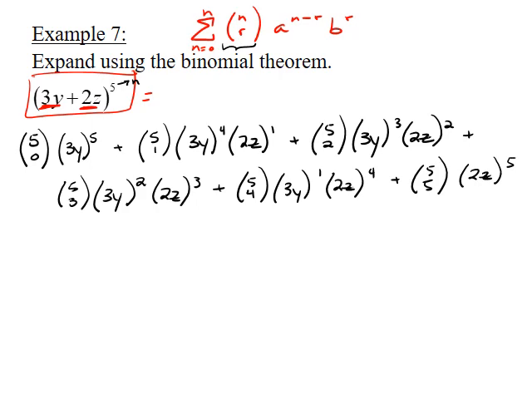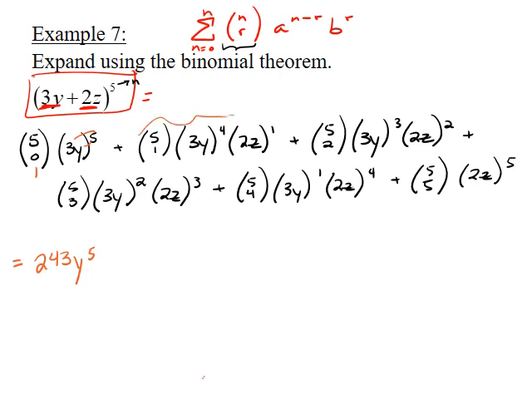Okay, so now we need to evaluate each of these terms. So let's start with the first one. 5 choose 0 we found to be 1. Now what I need to do is raise 3 to the power of 5 and y to the power of 5. This will become 243y to the 5th.